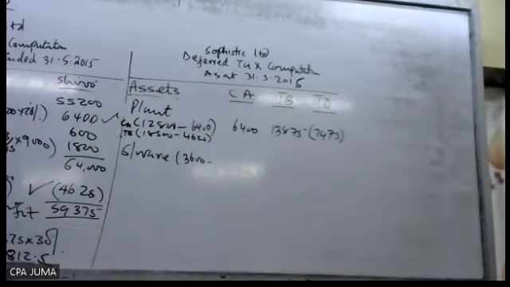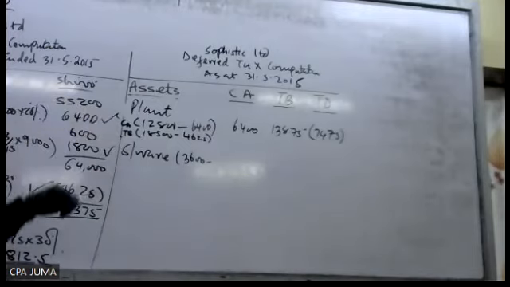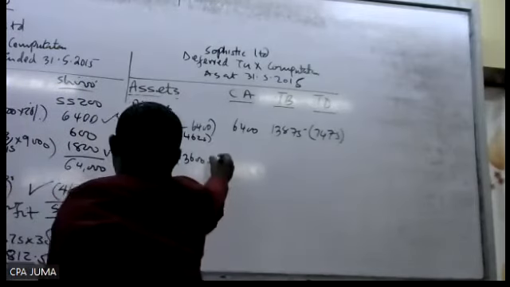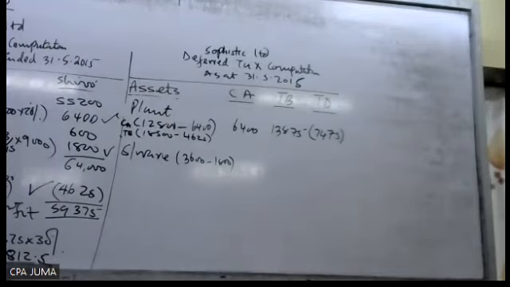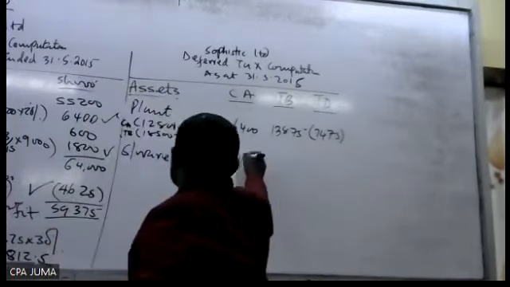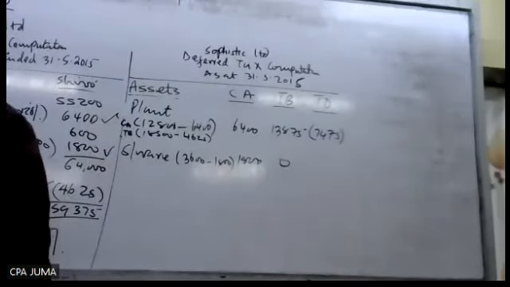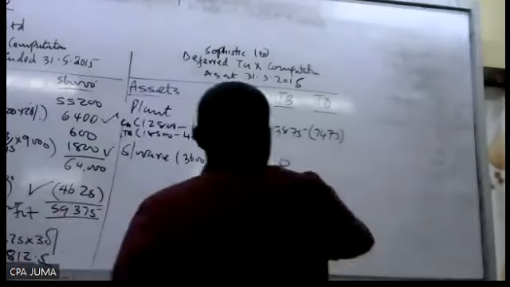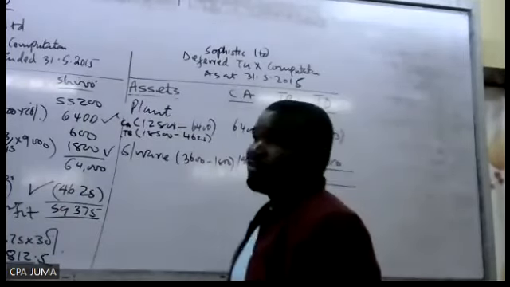So for software, you reduce the amortization, you get the carrying amount. So 36 minus 18 is 18. But this was allowed for tax purposes a long time ago. It is their mistake to be recognizing that in the books. So you add this in full. Give me that figure.